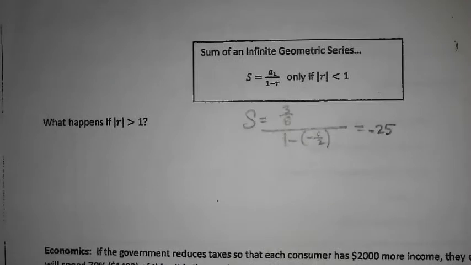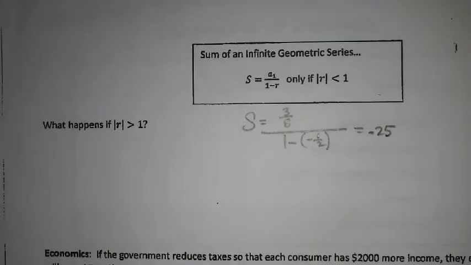So what happens if the absolute value of your ratio is greater than 1, do you think? Infinity. That gut feeling you had, that how can this work because we're going to infinity, is the right gut feeling if your ratio is greater than 1.